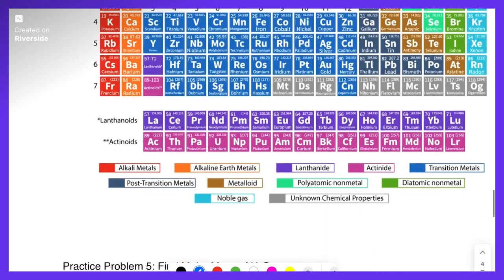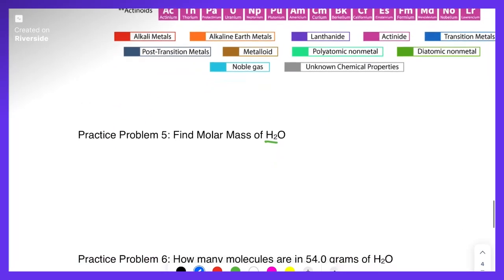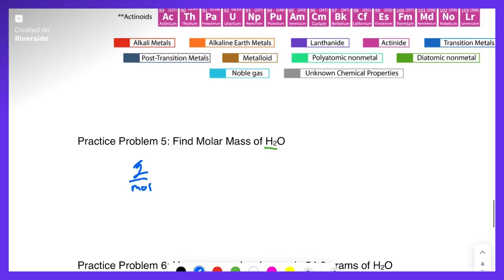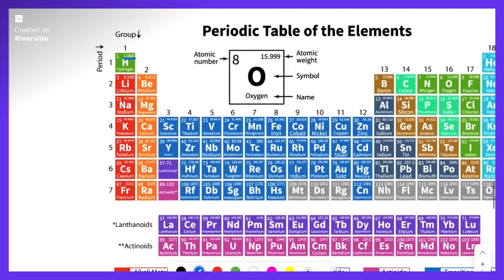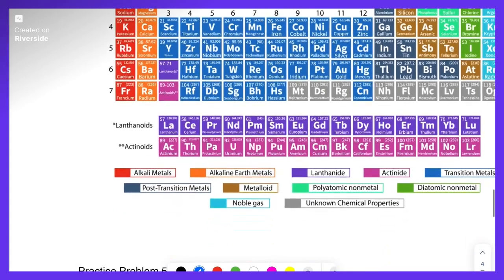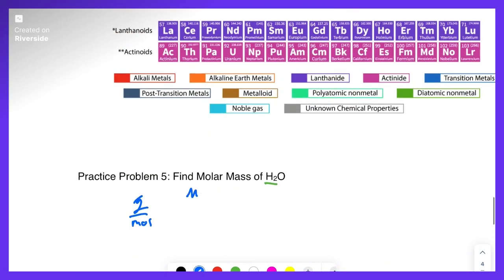What the atomic weight shows is the grams over moles of hydrogen. In other words, the atomic weight shows the molar mass of hydrogen. So if we scroll up, we can see that the molar mass of hydrogen is 1.008. So the molar mass of H equals 1.008.